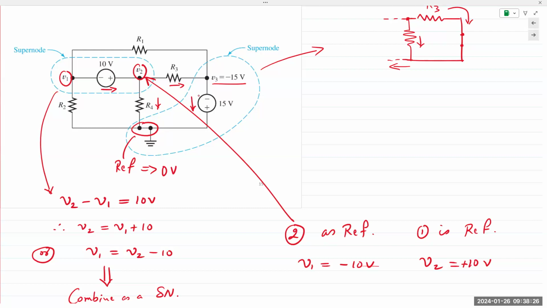Yes. We'll just do that as a supernode. So in that case, if we name this bottom node as 4, I would say V4 minus V3 is plus 15 volts. Instead of V1 and V2, it would be a V3 and V4 relationship.